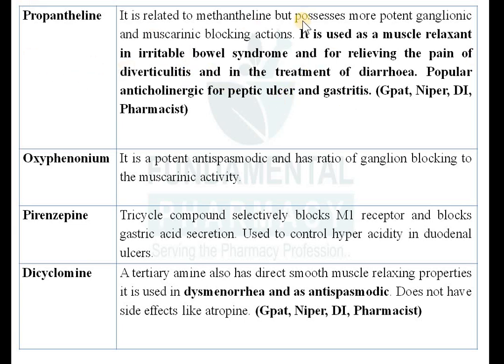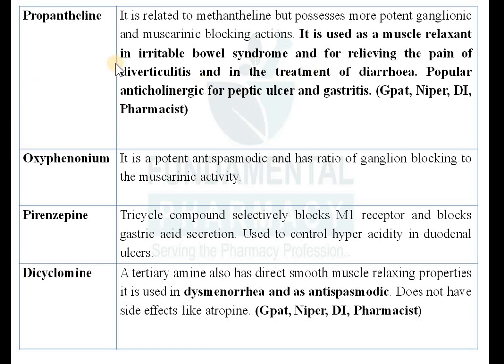It is used as a muscle relaxant in irritable bowel syndrome (IBS), in relieving the pain of diverticulitis, and in the treatment of diarrhea. Okay, it is a popular anticholinergic drug for peptic ulcer. So it is also used as an anti-secretory agent and also an antispasmodic agent.